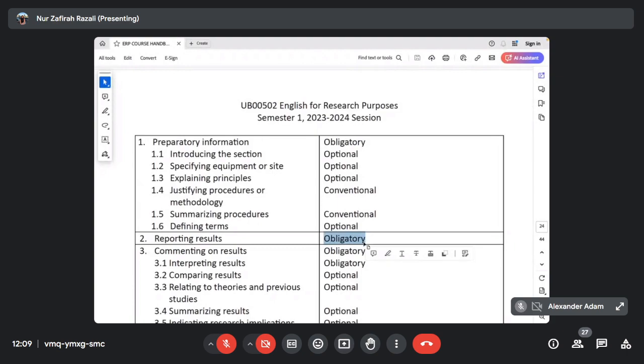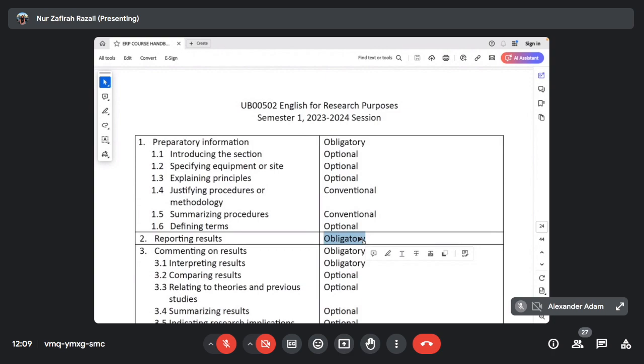What is meant by obligatory here? Wajib, memang lah wajib. Of course, it's a must. So what does it mean? Why is this move particularly considered obligatory? Sorry, come again? It has to be there, right?